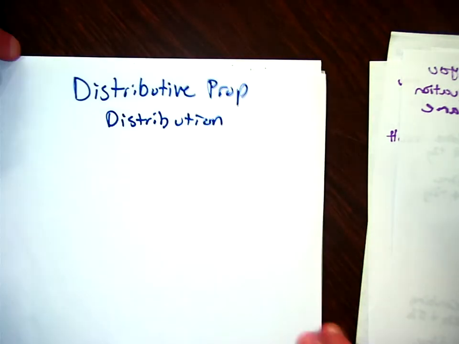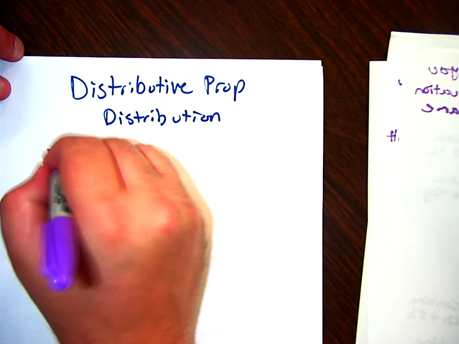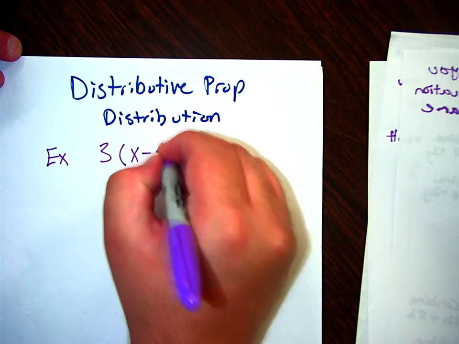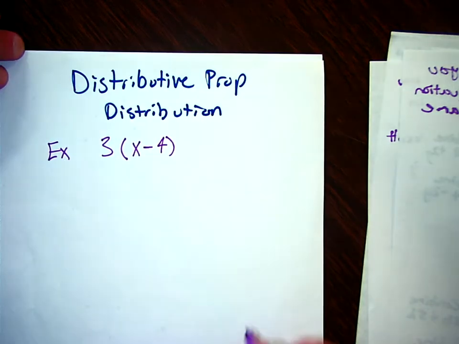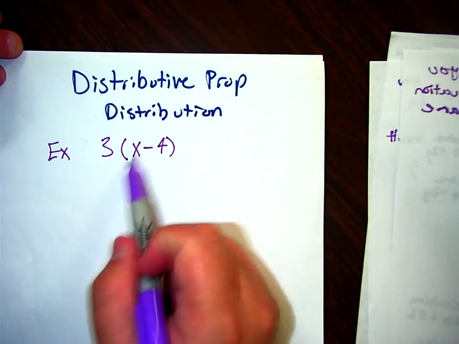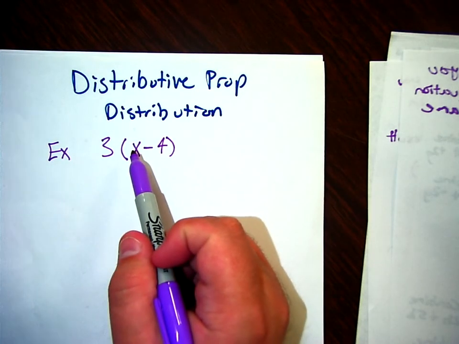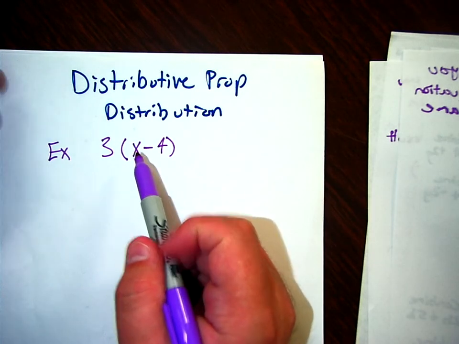So here's an example we want to take a look at. 3 times x minus 4 in parentheses. Previously, this guy was a number, but now it's a variable. But we can still use the distributive property because we know it holds true. So what we're going to do is distribute here.